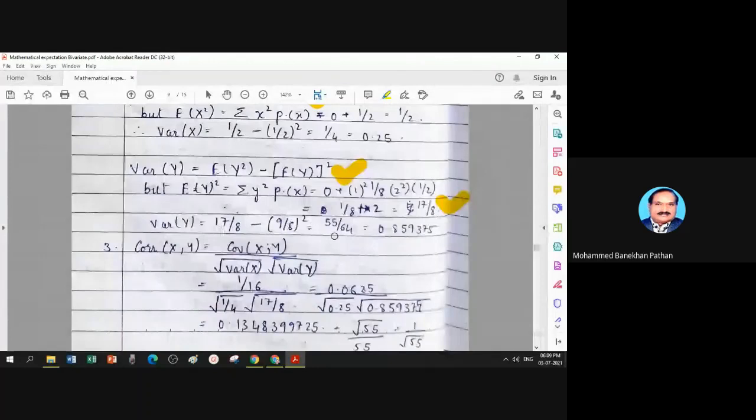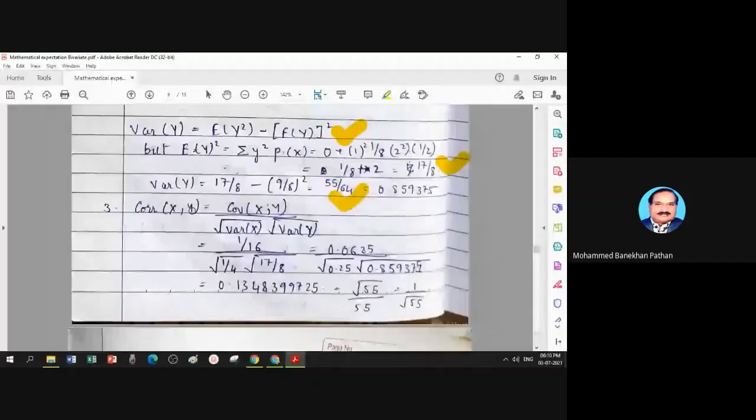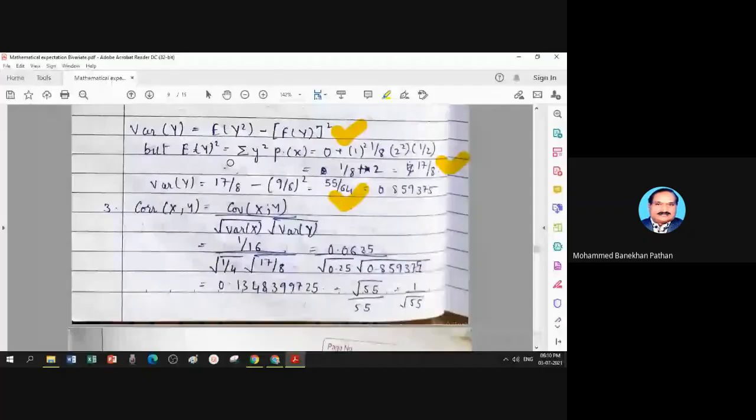To get the correlation of X and Y, the definition says covariance of x comma y divided by the root of variance of x into the root of variance of y. Everything is with you from the previous calculation. Put in the numbers. Right answer.